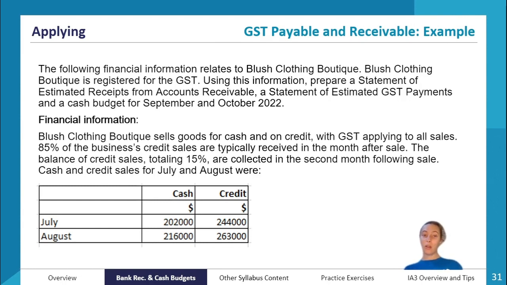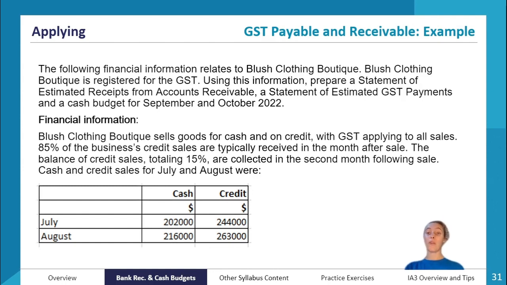Okay, so we've been told that it sells goods for cash and on credit, and GST applies to all of its sales. 85% of the business's credit sales are typically received in the month after sale. And the balance of credit sales, whenever you see the balance of, it always just means the rest. So you've got 100% is all of it.